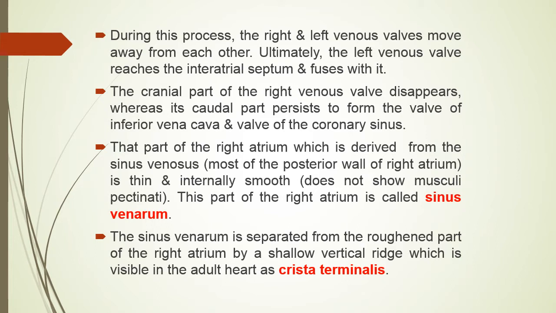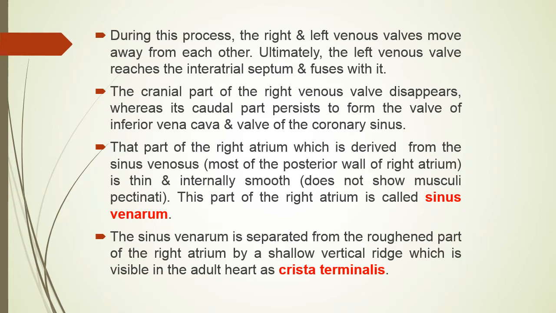Now, the posterior part of the right atrium, obviously because the right horn of the sinus venosus is present posterior to the right atrium, is derived from the absorbed right horn of the sinus venosus. Being a venous structure, it has a thin wall and it is internally smooth.